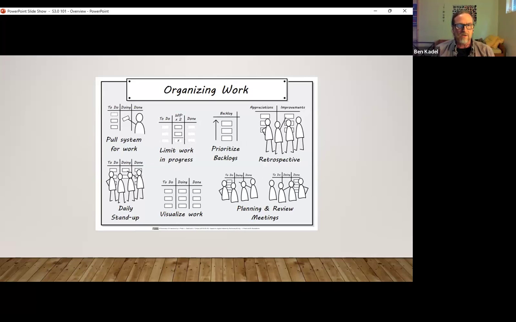We generally take on too much. We try to do too much. Limiting work in progress is a way of forcing your organization to say we can't do more than we can do. So really picking no more than X projects, no more than X tasks on anyone's plate at one time.